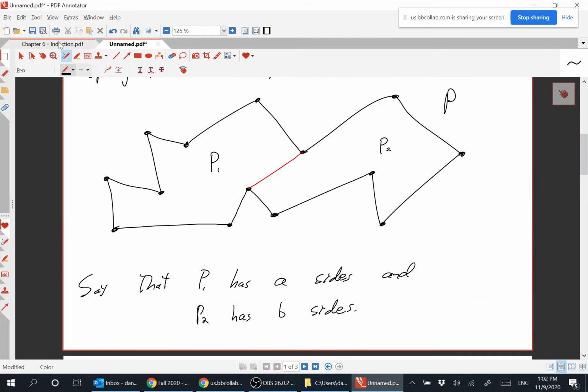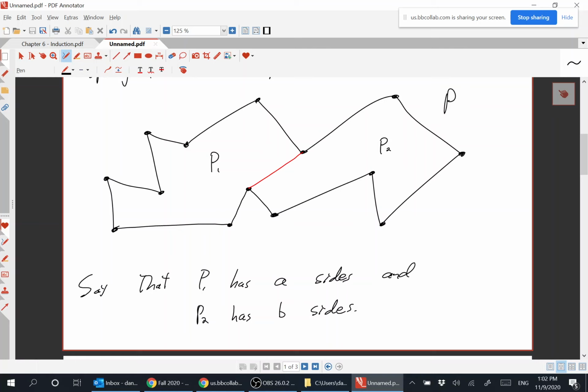So P1 has A sides, all of them black except the red one. P2 has B sides, all of which are black except for one, which is red. So P1 and P2 both count the red side. But P1 and P2 share no black sides in common. They share the red side in common, but none of the black sides in common.